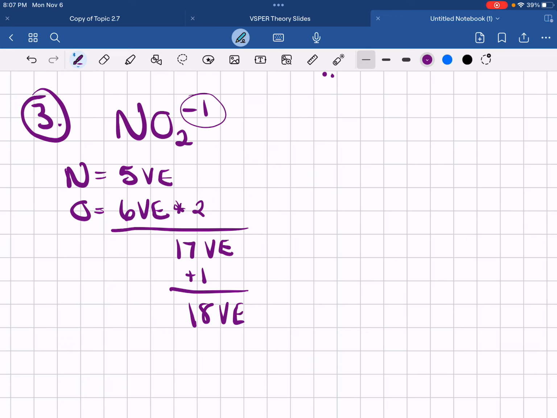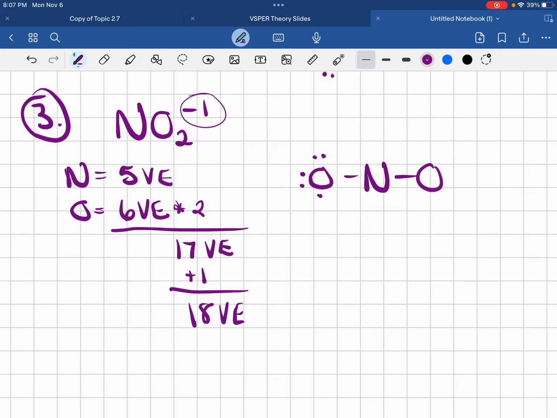So if we had a positive charge, we would take 1 electron away. If we have a negative charge, so an anion, we're going to add an electron because it says that overall it has 1 extra electron. So we are going to go ahead and attach our oxygens, and then we're going to distribute the electrons.